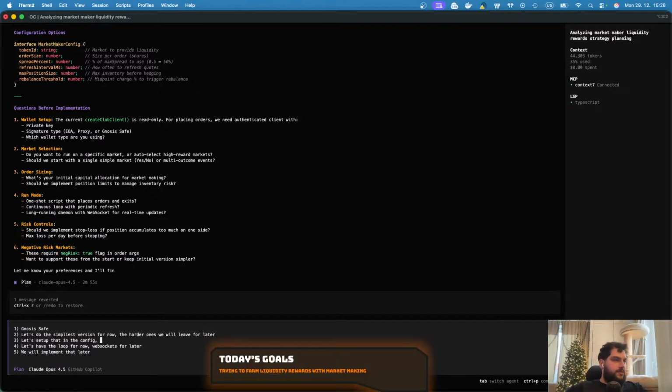Let's adapt that in the config. Okay. Stop loss, we will implement that later. Okay, negative risk markets, wired flag and order arcs: would we support this from the start or keep the initial version simpler? We will do that later.